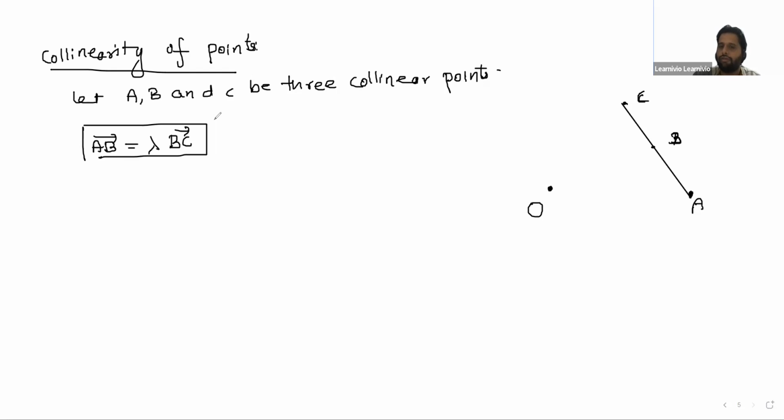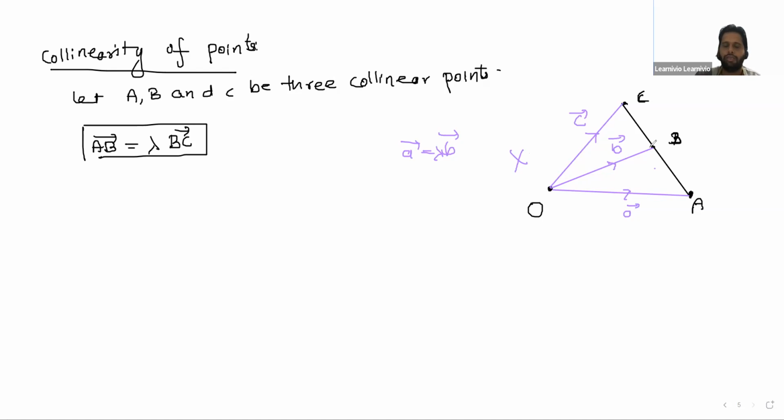But if the points are given, there are chances they will give you the position vectors A, B, and C. So never check like this that A is equal to lambda times B here. It is not correct. You can see here the position vector OA is not parallel to OB. Don't do like this if the points are given.